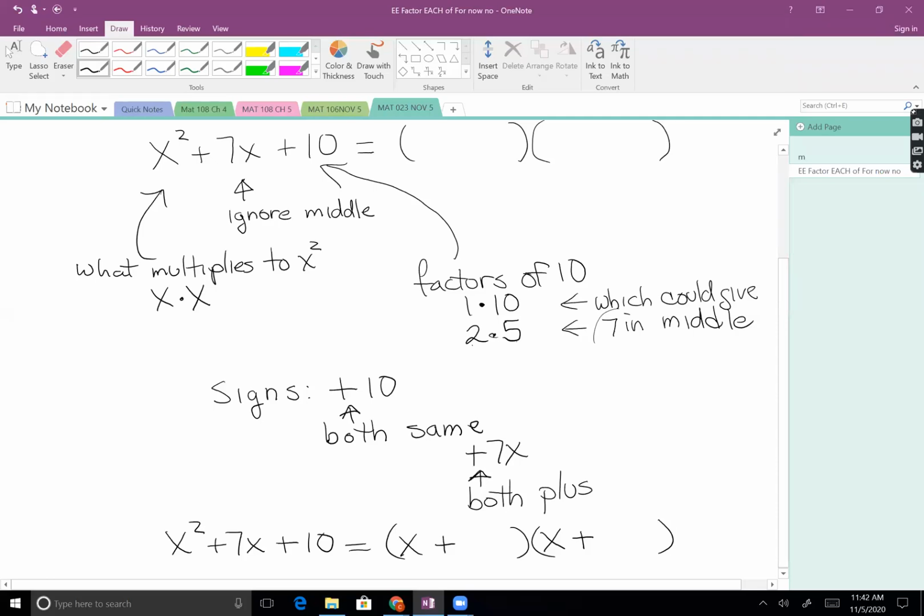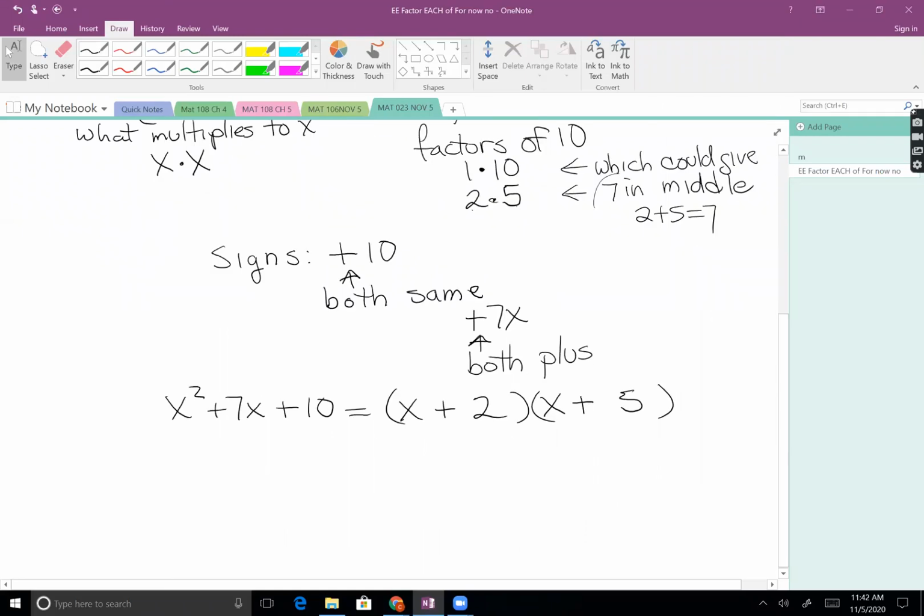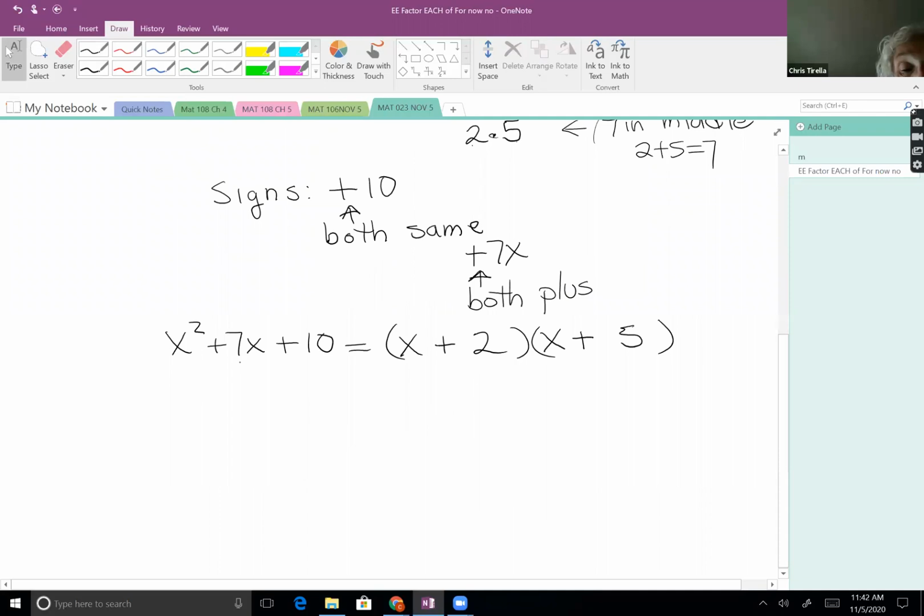Okay. And so are you all right? The 2 and the 5 give me 7. Yep. And so my first guess is x squared plus 7x plus 10 is equal to x plus 2 times x plus 5.